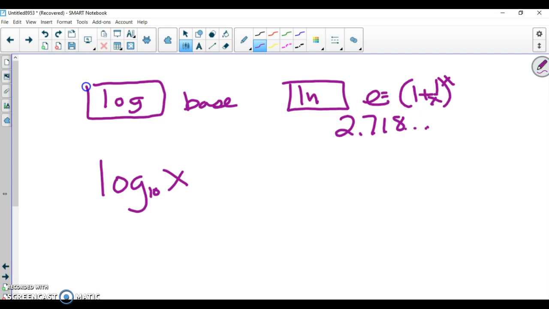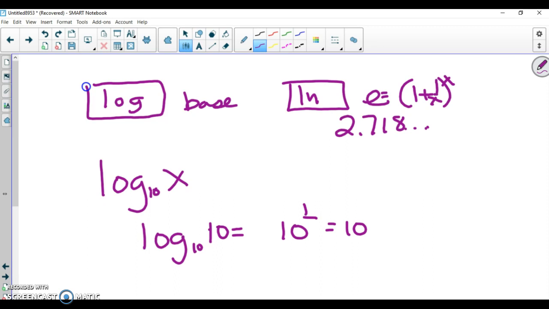So if I want to evaluate this at these different x values, log of 10, now in comparison to natural log, this is just saying 10 to what power is 10? And we know that to be 1.